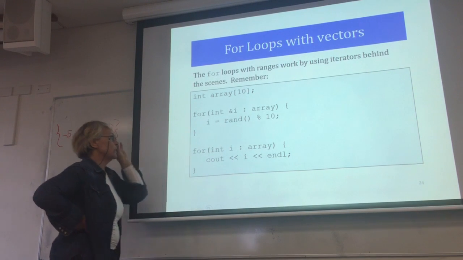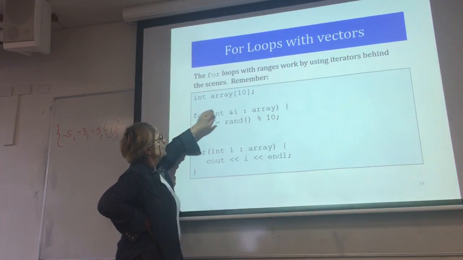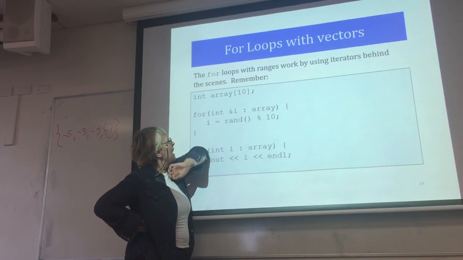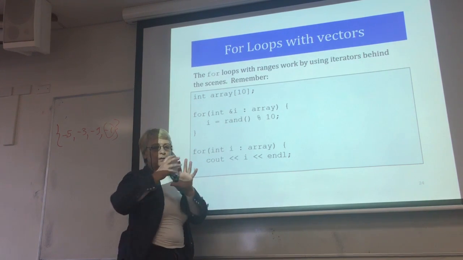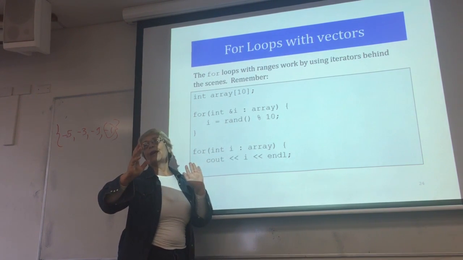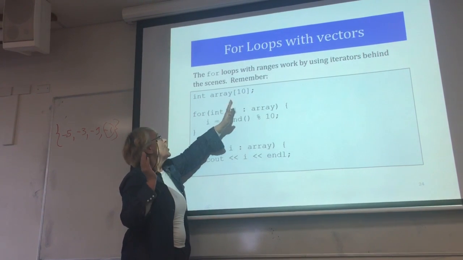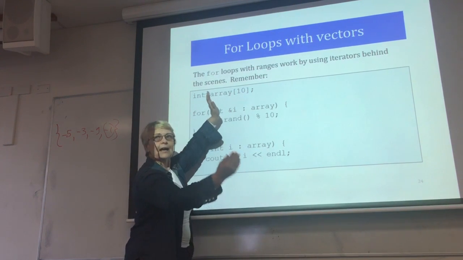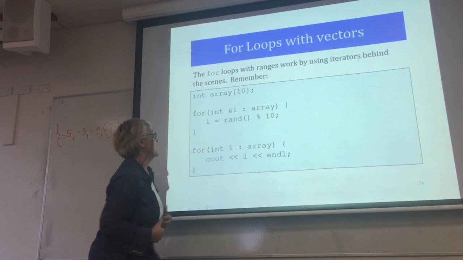Double-ended queue is also good to work in this way. You can have a double-ended queue here. And you don't worry about going outside the array, because with this notation for ranges, you start at the beginning of the container and you end at the last significant element, because iterators are behind.